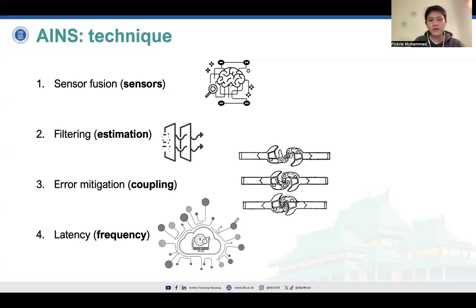And of course, we'll have latencies because the systems are running separately at different times, and we have to do time synchronization because maybe the acoustic positioning system doesn't have the same frequency as the INS.